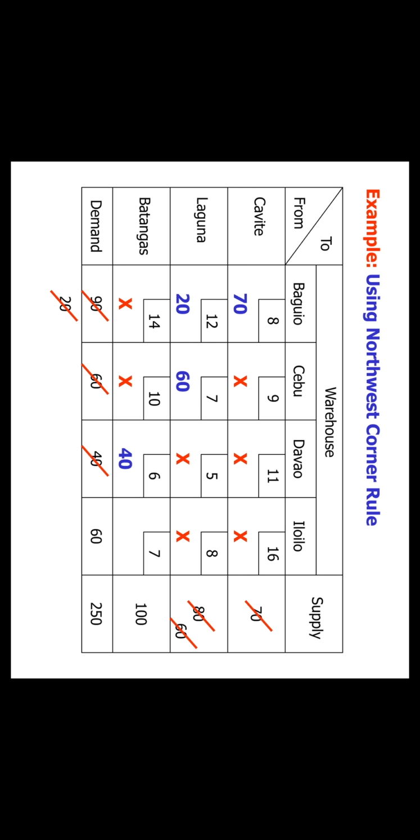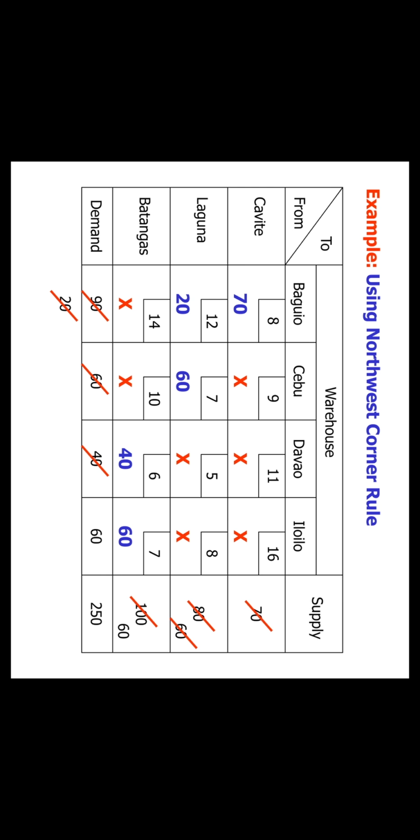And then we reduce the supply of Batangas by 40, so from 100, it goes down to 60. Since this example is where total supply is equal to total demand, which we have validated earlier, the last cell should be able to satisfy both the remaining supply and demand values, which in this case is equal to 60. So this is the pattern we got.